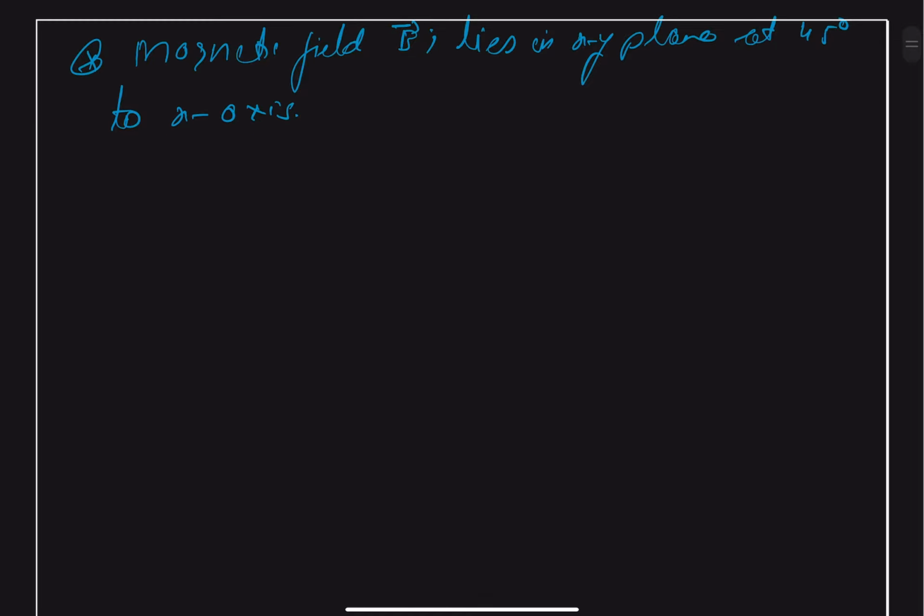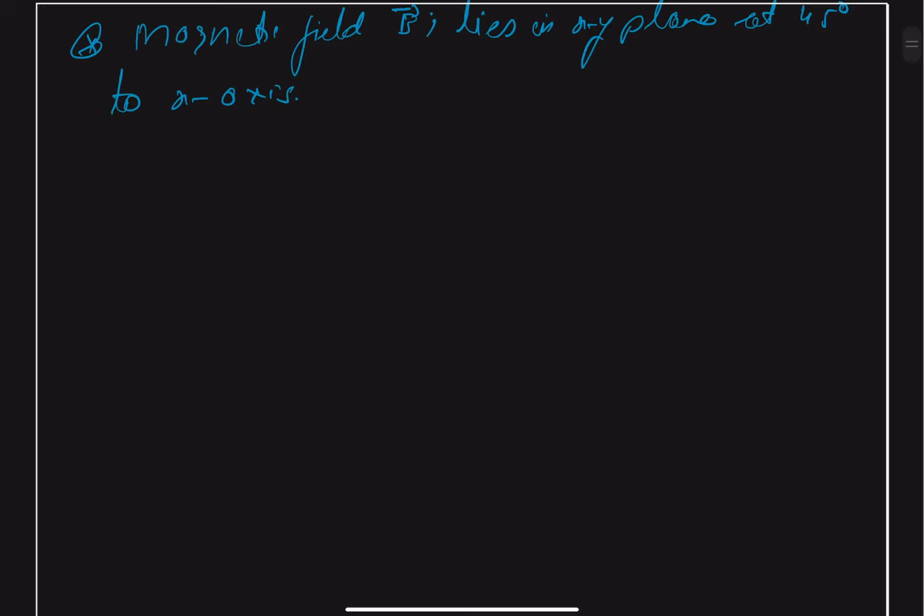So we can divide it into two components, and let me draw a rough approximate of it. So this is x-axis and we have y-axis. Accordingly here we have x unit vector, and here we have y unit vector. Magnetic field is making an angle of 45 degree.